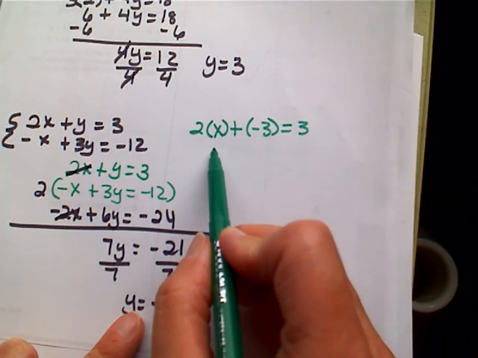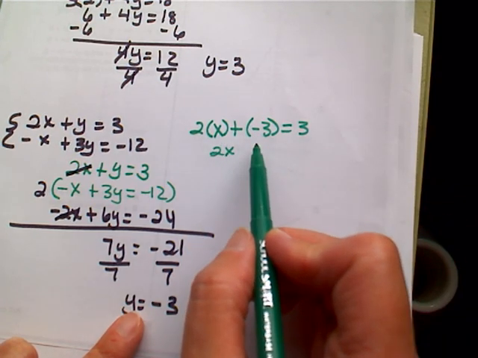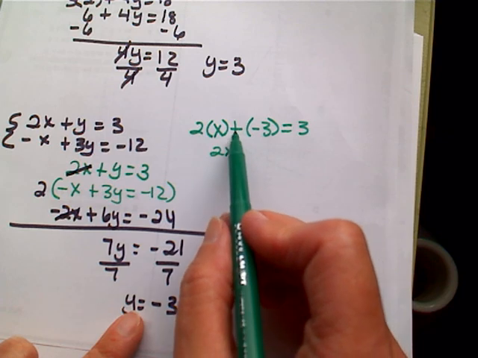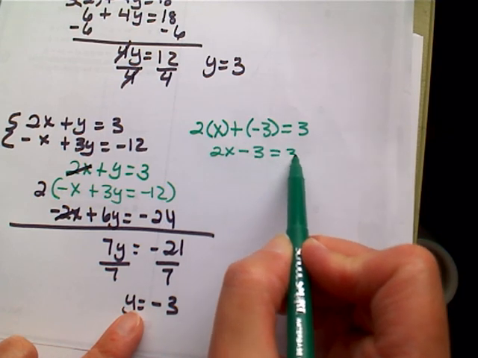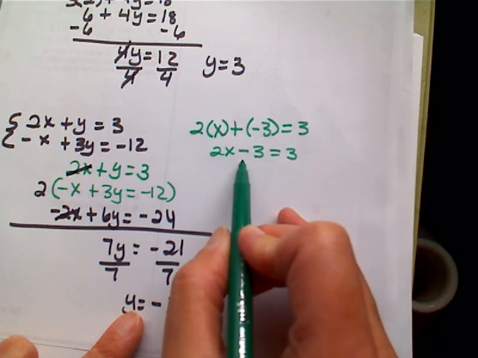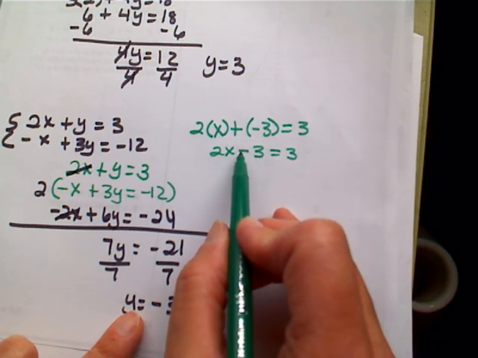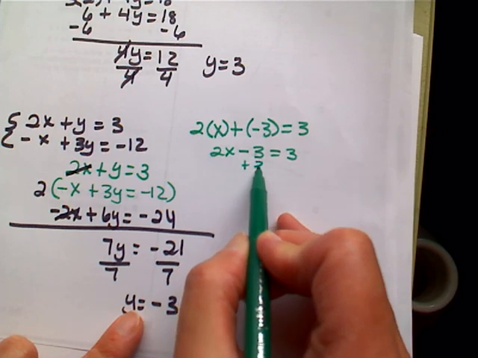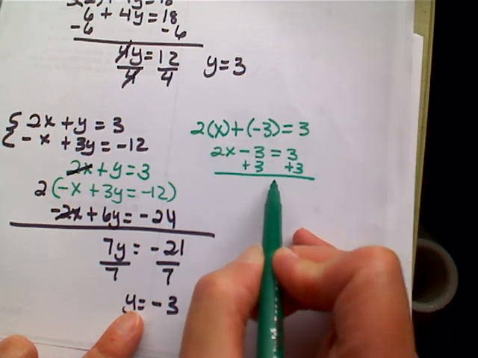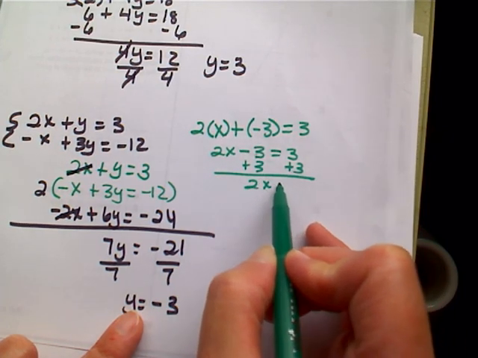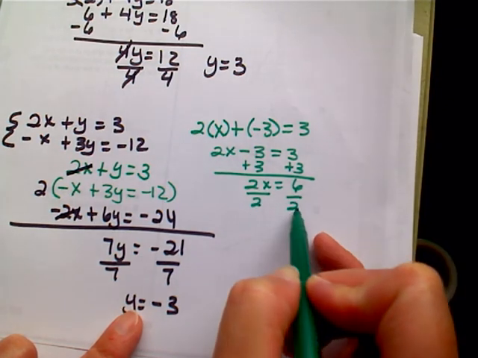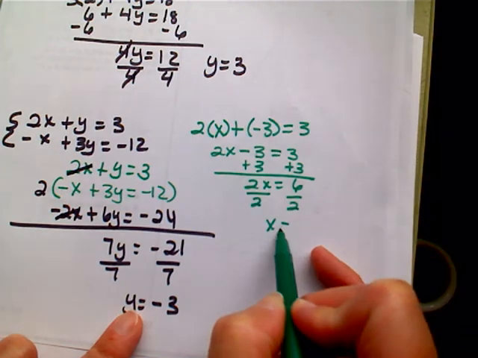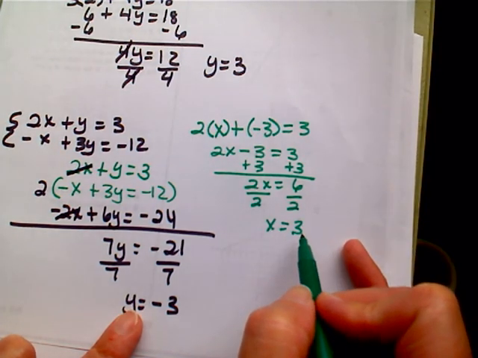Okay, so I have 2x. I had an extra step there I didn't need to do, but let's follow through and do it anyway. My positive and my negative is going to make a negative 3 equals 3. All right, and then I have to add or subtract first. So in this case, they're subtracting. I'm going to add, leaving me with 2x equals 6. Divide both sides by 2, leaving me with the value of x equals 3.